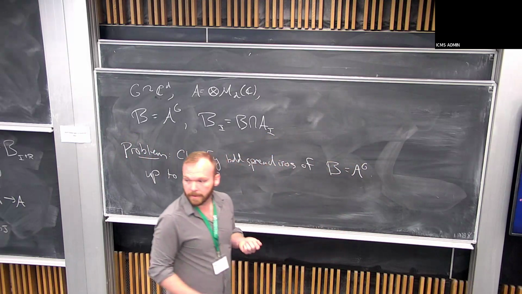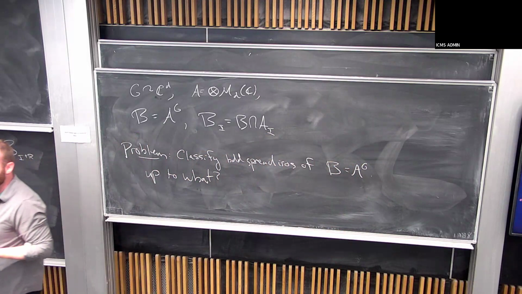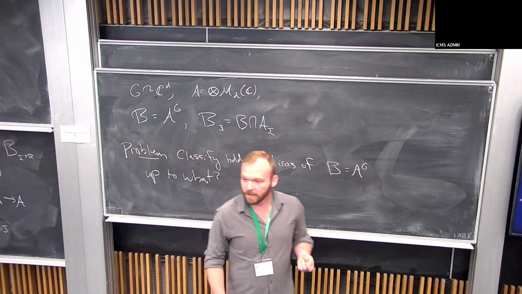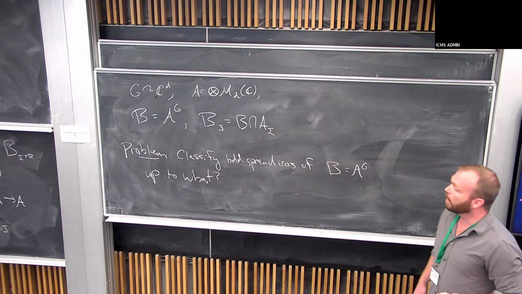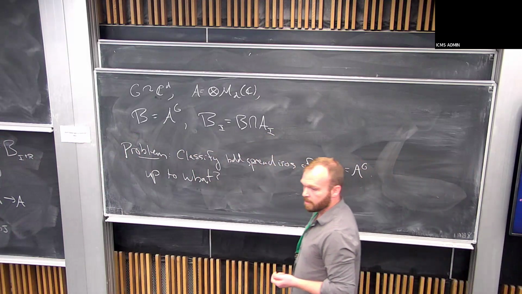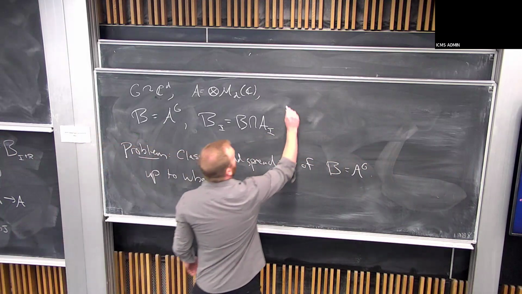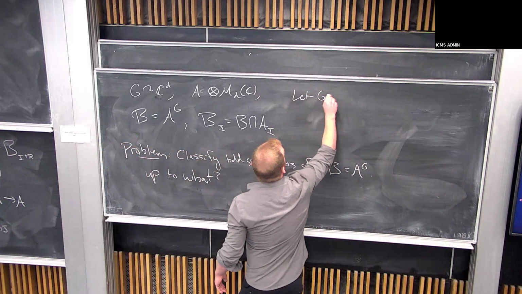Okay. Yes. So in a sense, change the group. It's easy to have many groups that give the same B. For example, you could have finite and then compact. So you don't have any stability on the state. So let G be finite.